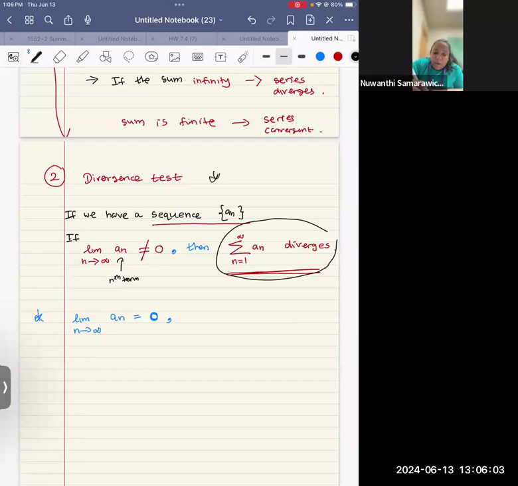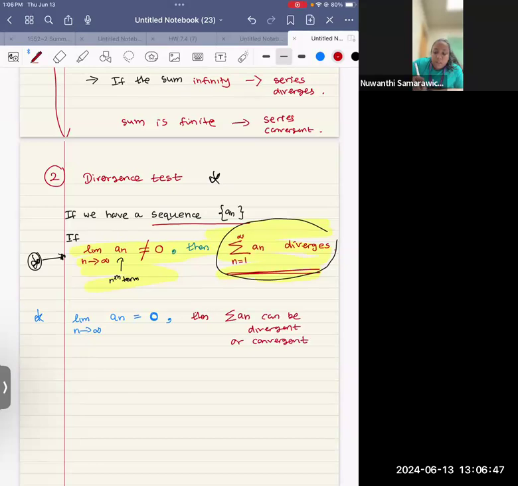Okay, so that's the important part of the divergence test. Remember thoroughly, in the divergence test, the only idea we can get is this: if the limit of a sequence is not equal to 0, we can say the series is divergent. But if the limit of the sequence is 0, the series can be divergent or convergent.